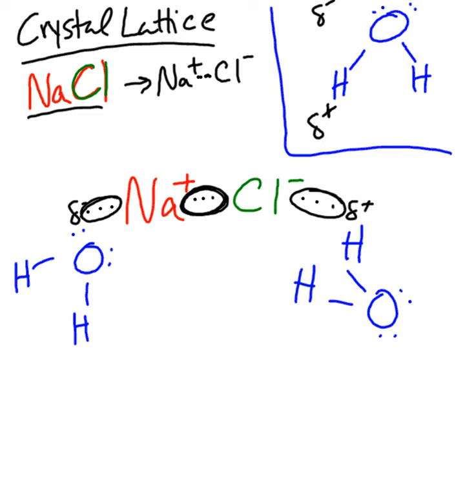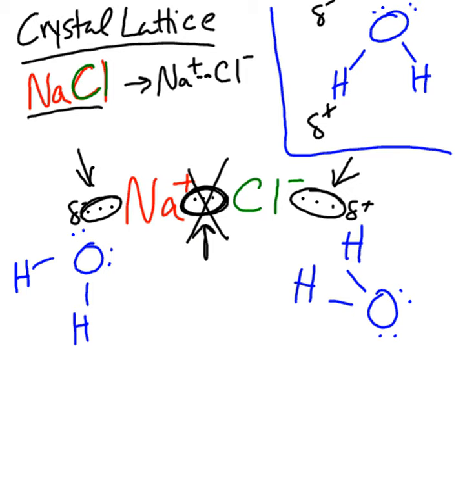If the sodium and chlorine attraction is stronger than the water's attraction toward the ions, then that substance will not dissolve. But in the case of sodium chloride, this attraction is actually weaker than this one and this one, which means the water is going to pull the chloride away from the sodium, and the sodium away from the chloride.